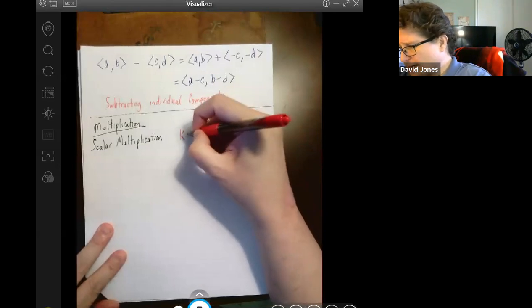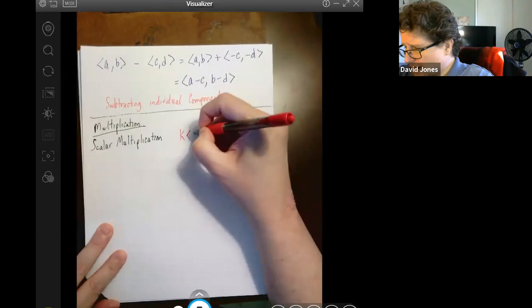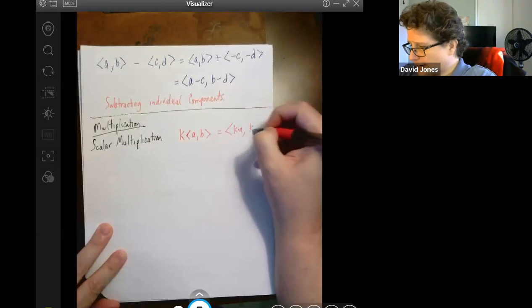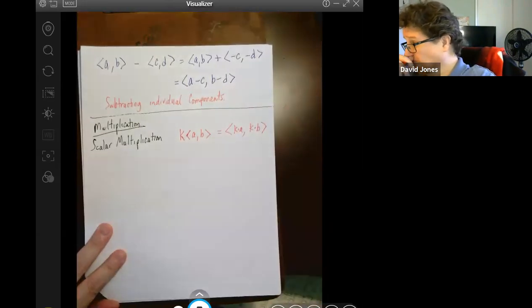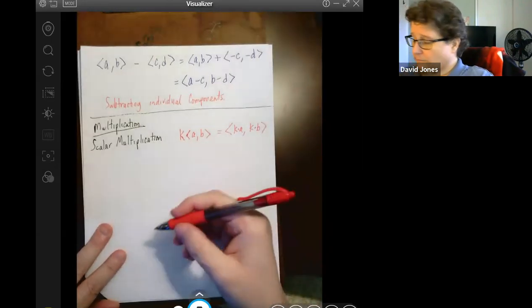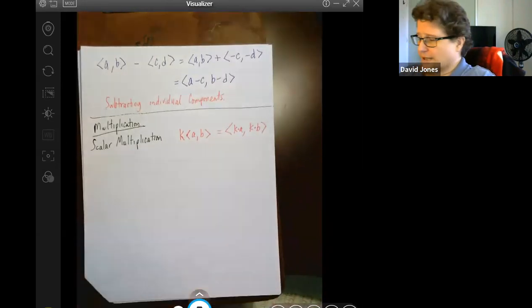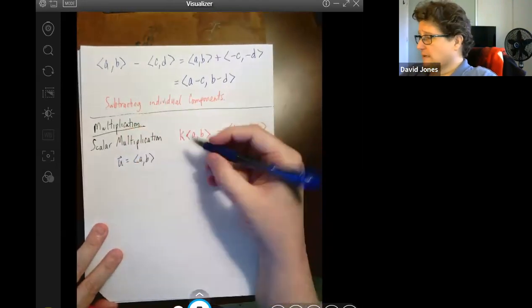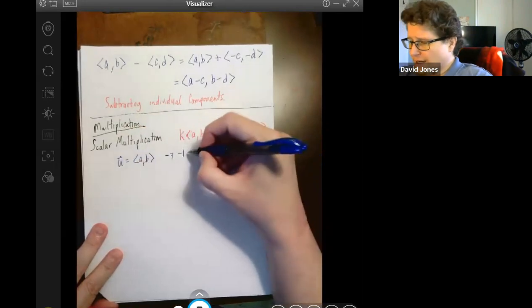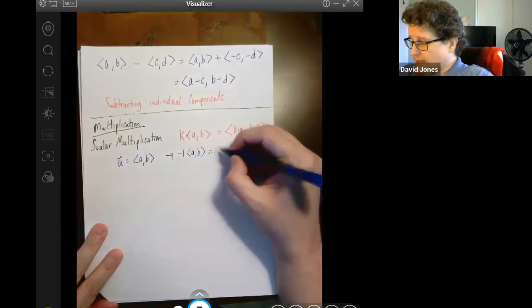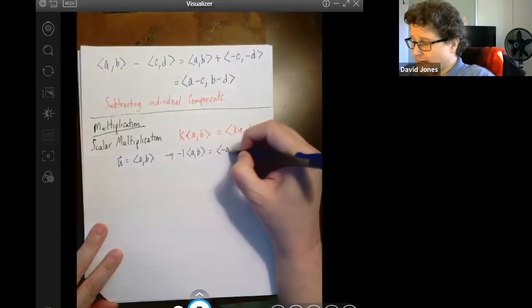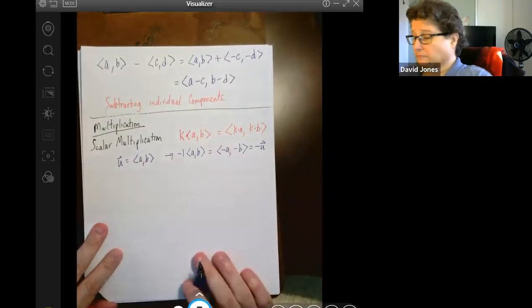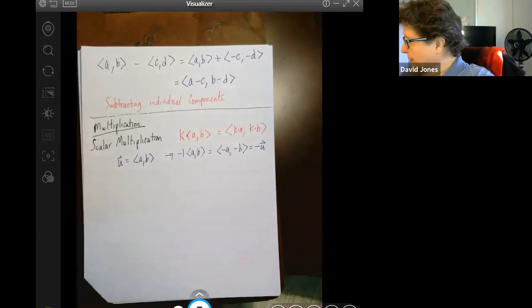Some value k times the vector AB equals k times A, k times B. Same thing if U equals AB, -1 times AB is -A, -B, and that's negative u, just like multiplying that by -1. That's scalar multiplication.